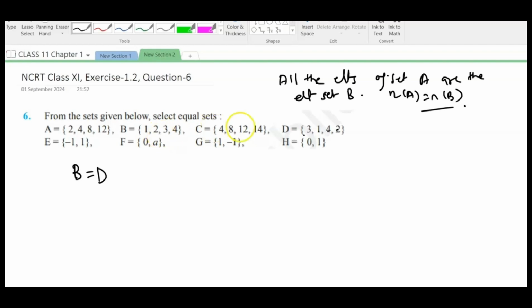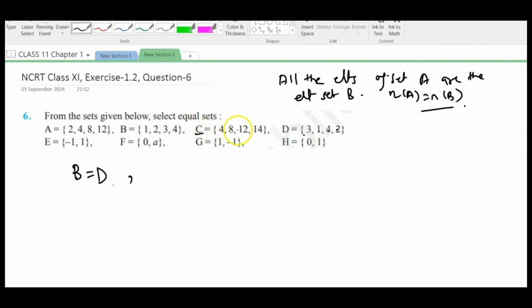Because there are only 4 elements here and 4 elements here, and we have checked for one set, it is sufficient. In any other set they have 2 elements, so they cannot be equal. None of the other sets are equal to B, and the same goes for D.